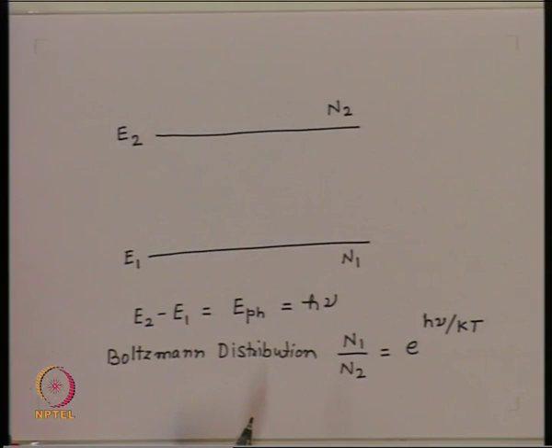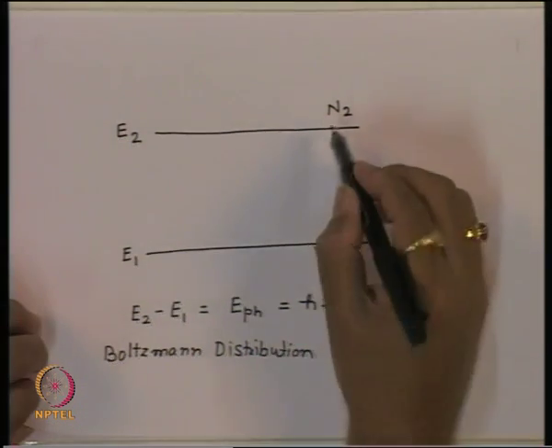So one can just take typical numbers and see, at room temperature and for some typical energy levels, what is the ratio of the electron density at energy level E1 and energy level E2.